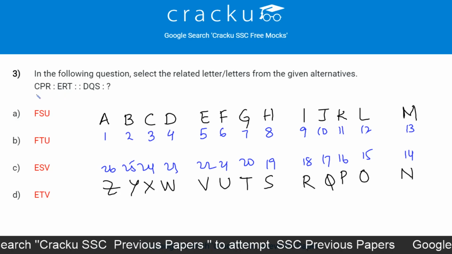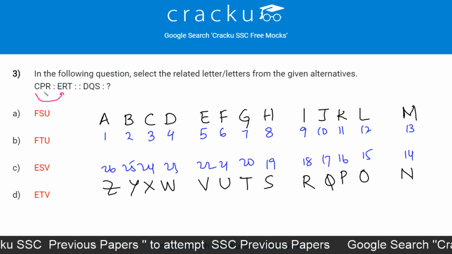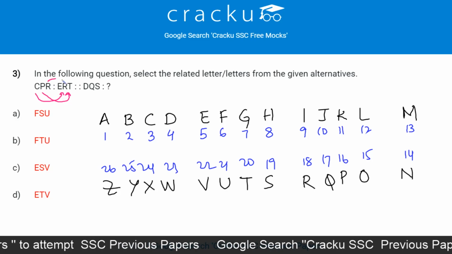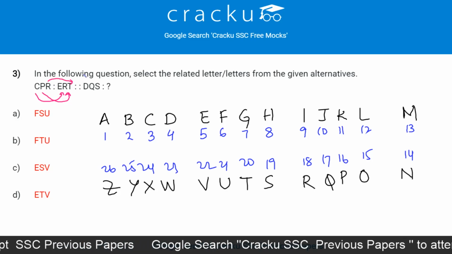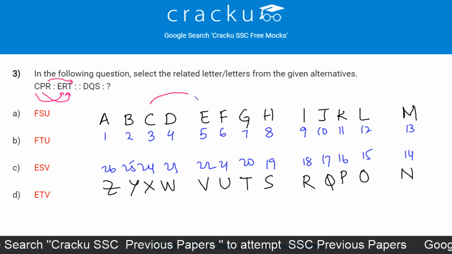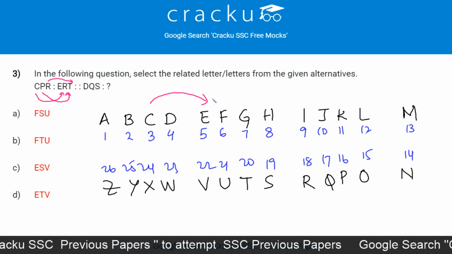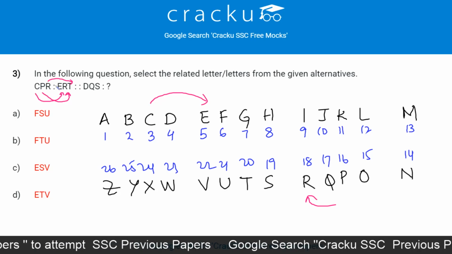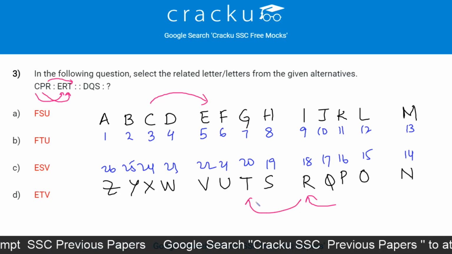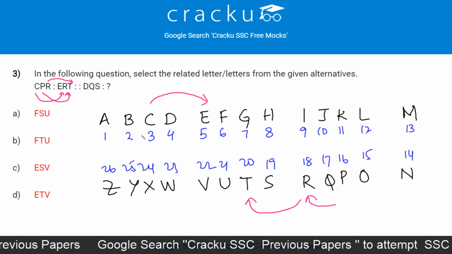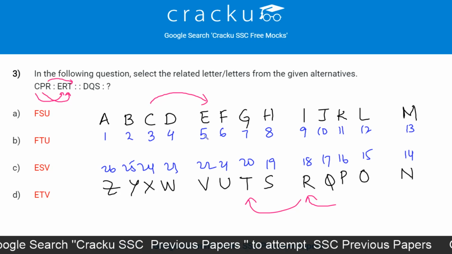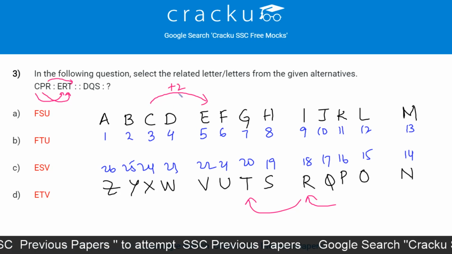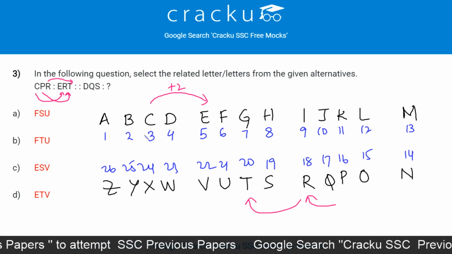That means C tends to E, P tends to R and R tends to T. So if you see here, C is becoming E and P is becoming R and R is becoming T. For every alphabet, the resultant alphabet is going to be +2 with respect to the current alphabet.